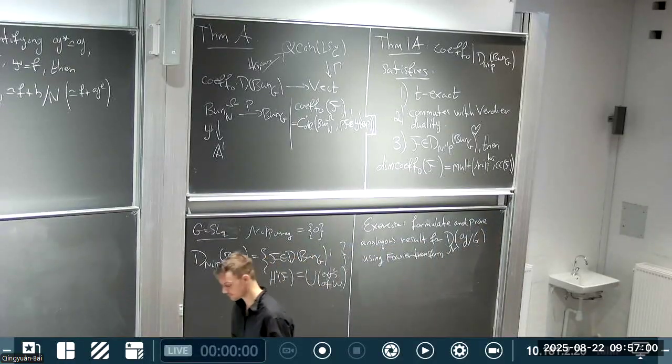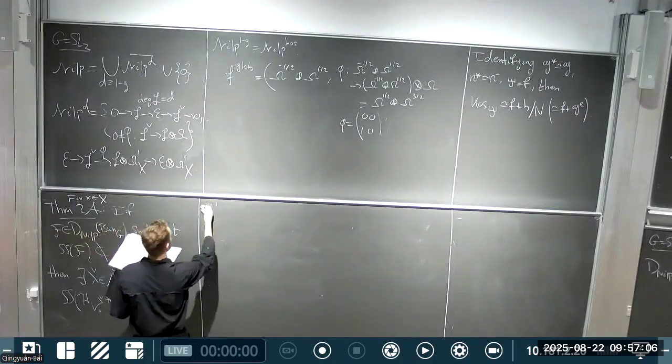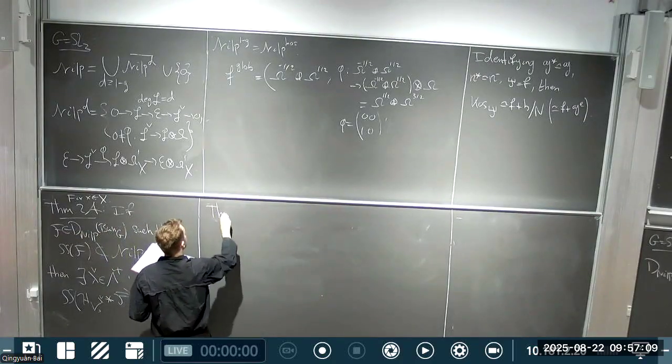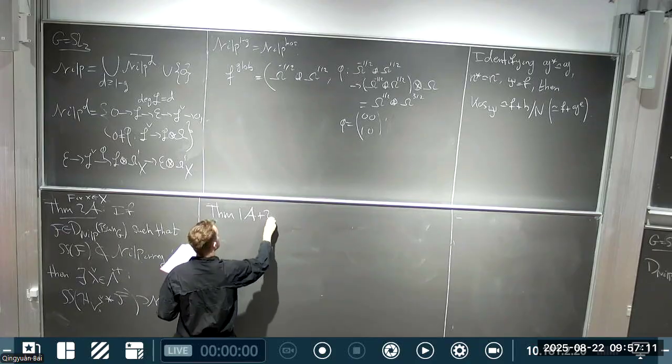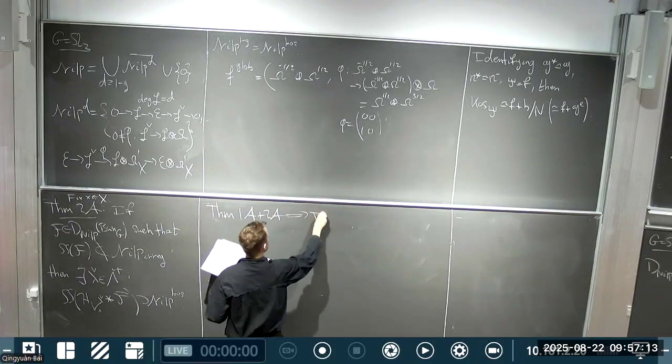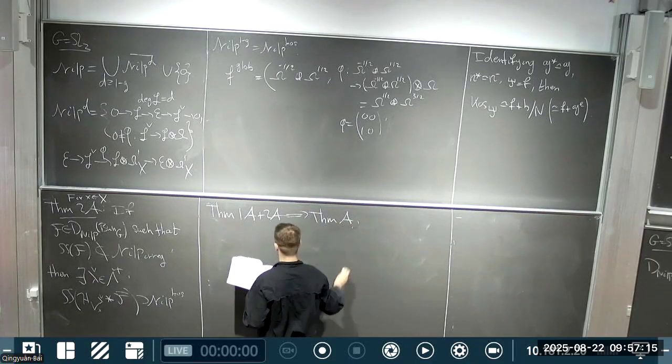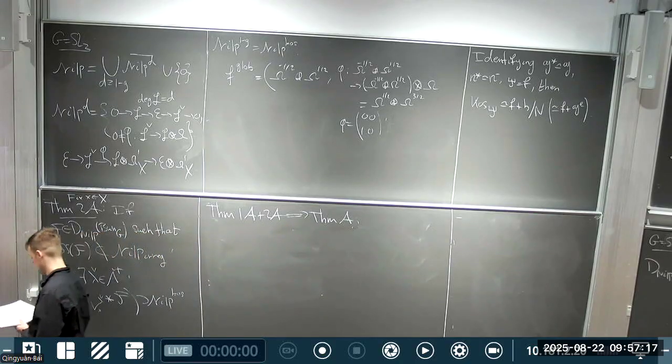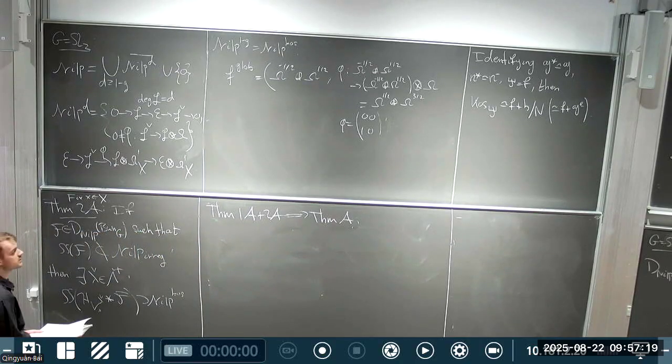Okay. So now where are we? We want to prove theorem A, and so let's just see that theorems 1A and 2A imply theorem A. So what was theorem A again?